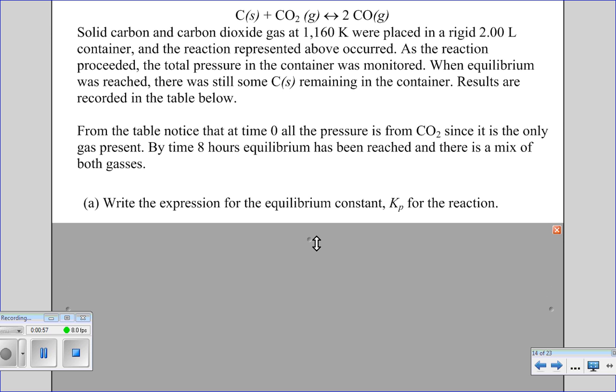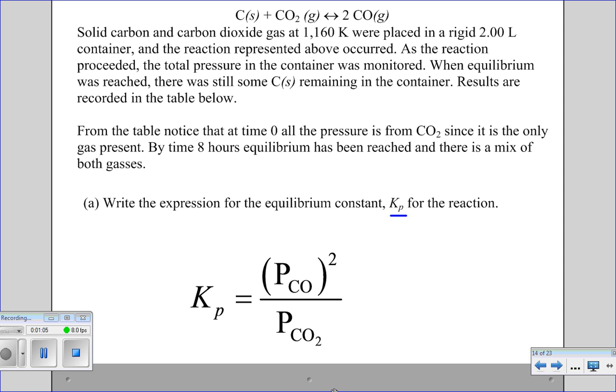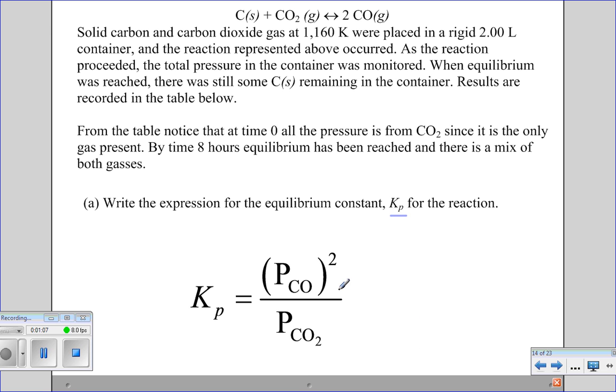So our first question is to write the expression for the equilibrium constant, Kp. They tell us to do Kp, and that becomes super easy. Kp is the partial pressure of carbon monoxide squared, because we have a 2 here, over the partial pressure of CO2.